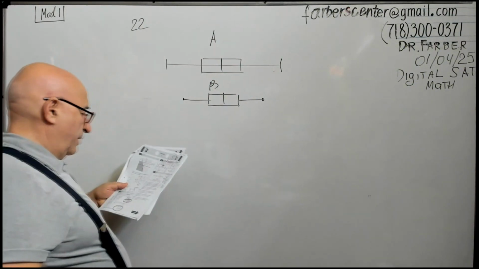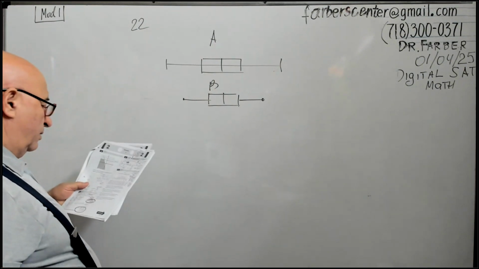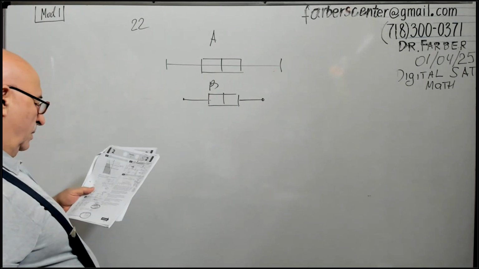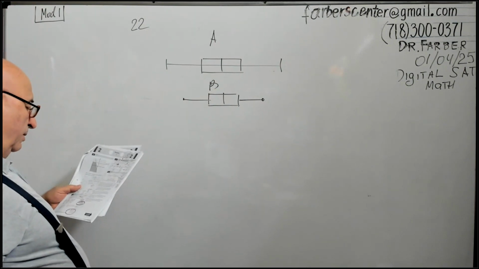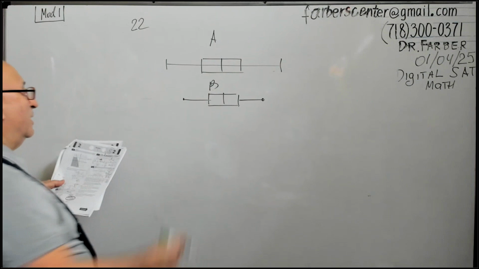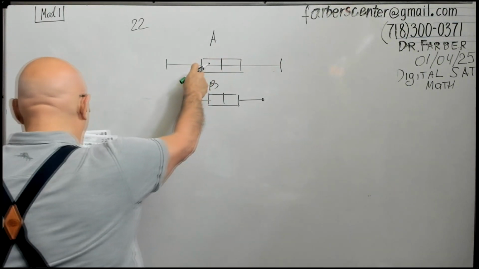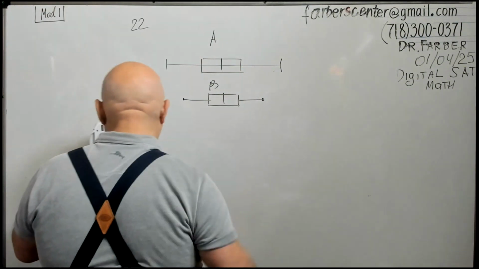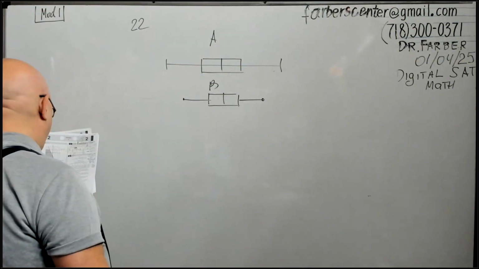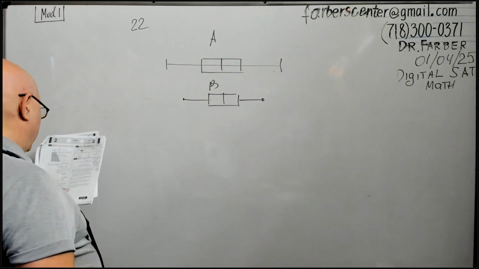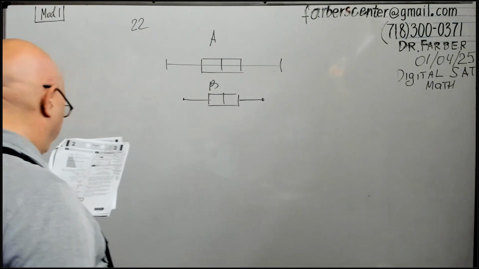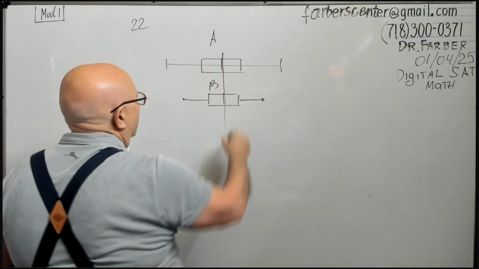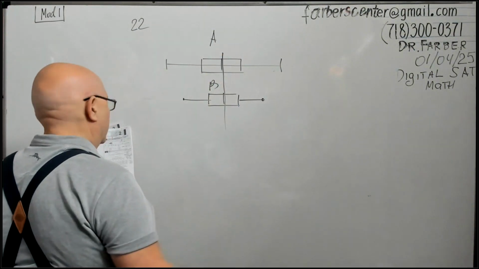The plots show the test scores for class A and class B. Each box shows the lower quartile, median, and upper quartile for each class. Based on the box plot, which of the following statements is true? Well, the same median. You have a number line here.